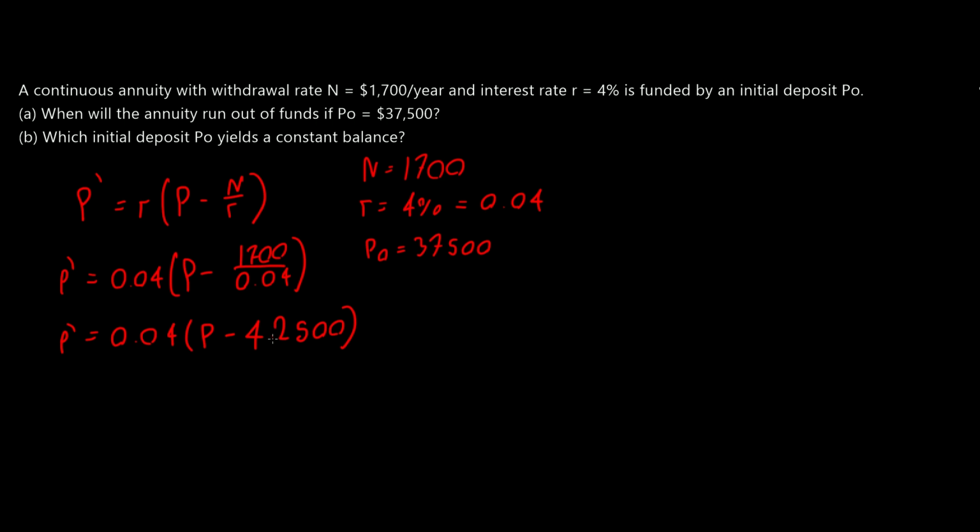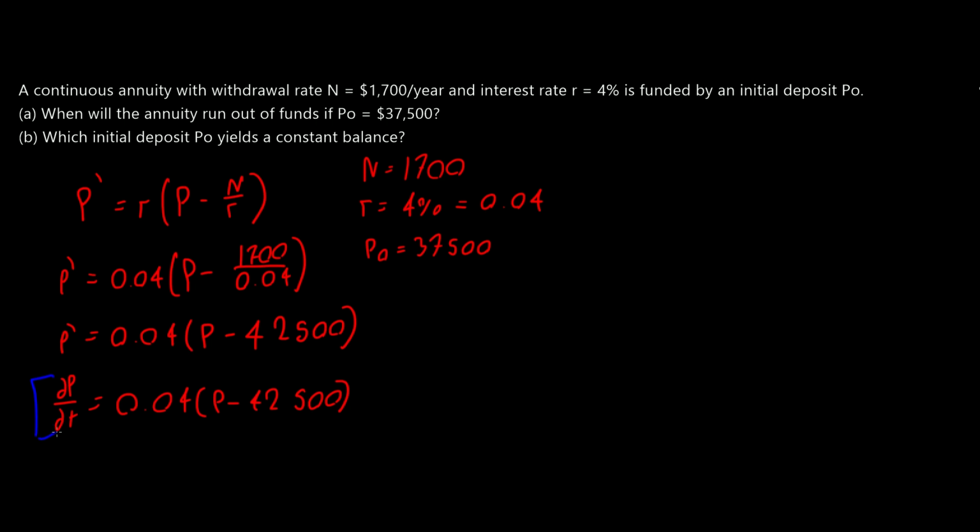Now this is where separation of variables will come in. It might be a little easier to see if you write it as dp over dt, and then set it equal to 0.04 multiplied by p minus 42,500. So now you can see that we're going to want to separate the p and the t's and put them on one side. Doesn't matter which side, but you're going to have to separate them.